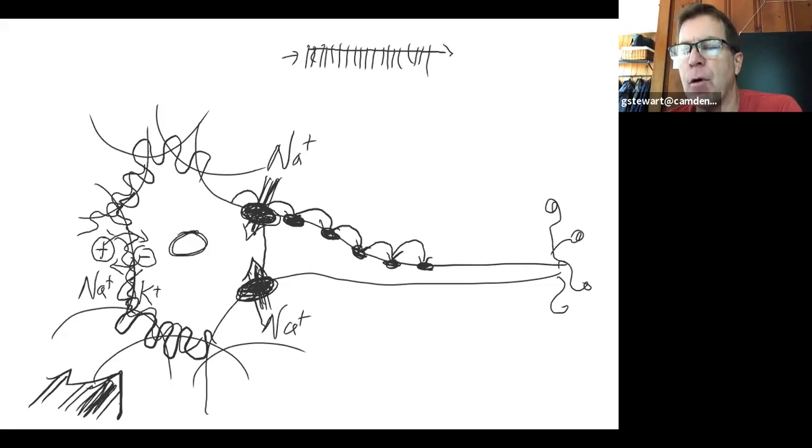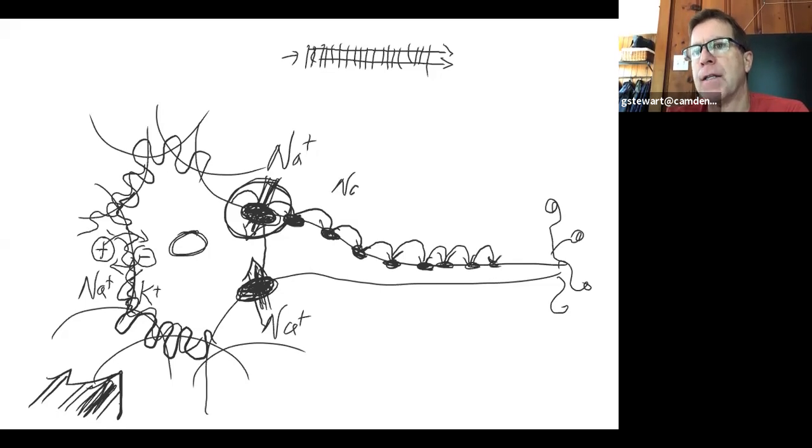If you've ever set up a whole row of dominoes and tipped the first one over, it moves so fast in one direction, you can't really stop the event. Same thing happening here. Once we tip this first domino, all of these sodium gates open one after the other in a linear fashion, and sodium ions gush into the cell.